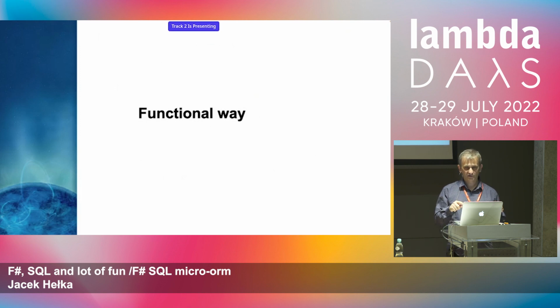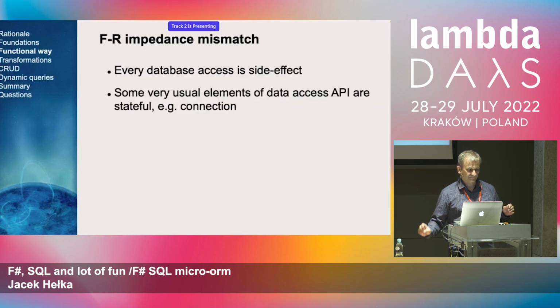When I was writing it, I was really a beginner in functional programming, so it was quite a big journey for me. We know that data access is a side effect because it's interaction with the external world, so we cannot have pure functions that access the database.